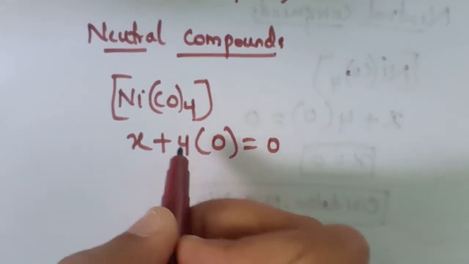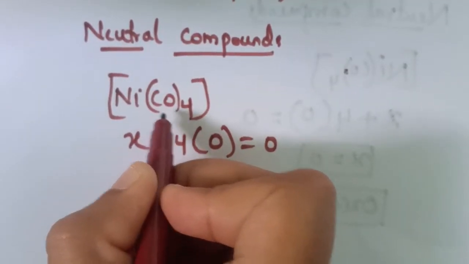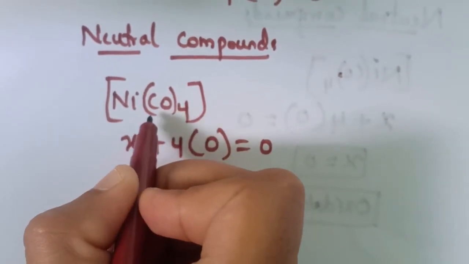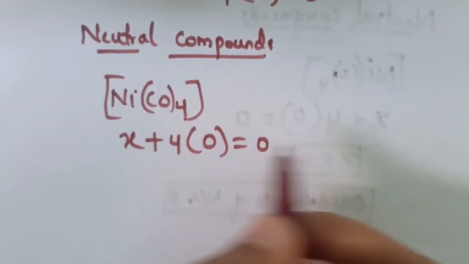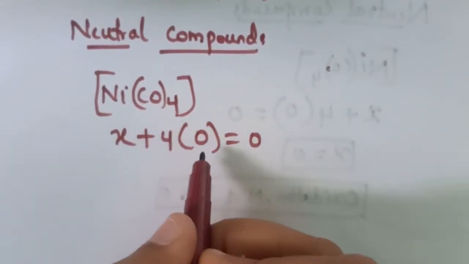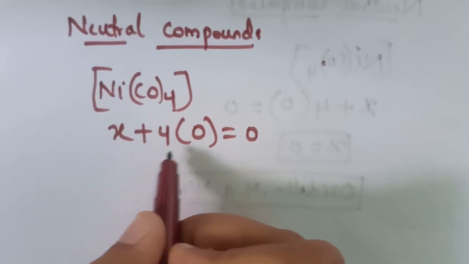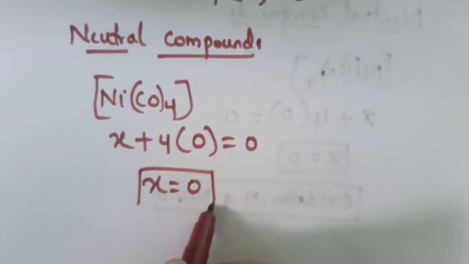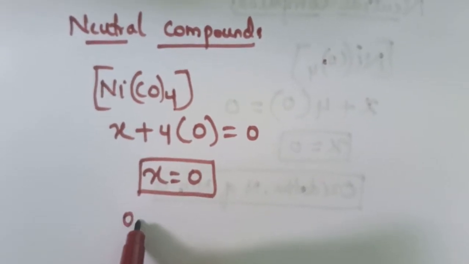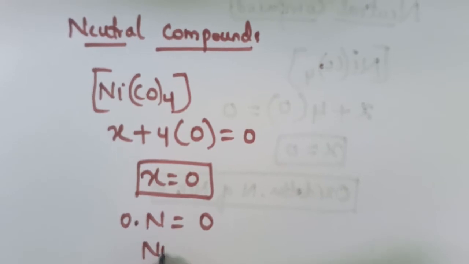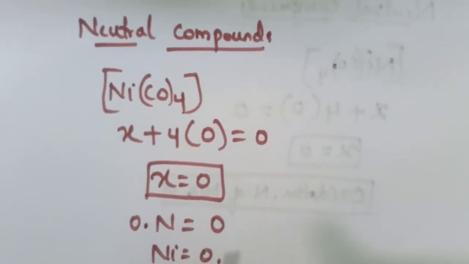For CO, the oxidation number is 0 because oxygen has minus 2 and carbon has plus 2, so it becomes 0. X plus 4 times 0 equals 0. X becomes 0. Ni's oxidation number is 0.